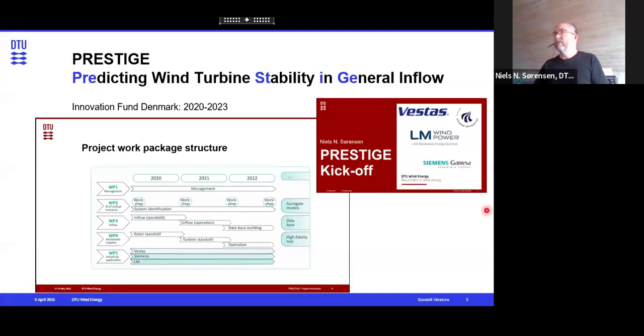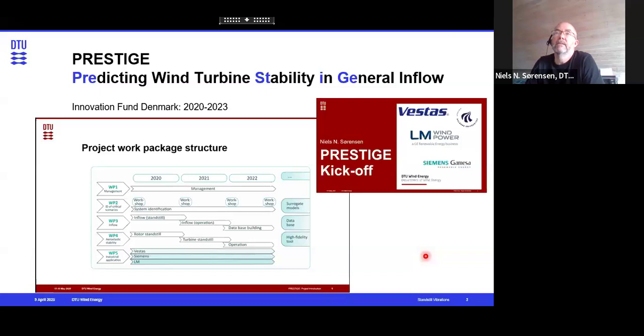Before going into the real presentation, I want to acknowledge a Danish Innovation Fund project that ran from 2020 to 2023 called PRESTIGE, Predicting Wind Turbine Stability in General Inflow, where we worked together with a series of partners, Aalborg University, Vestas, LM Wind Power, and Siemens Gamesa, together with DTU, exactly on this topic.